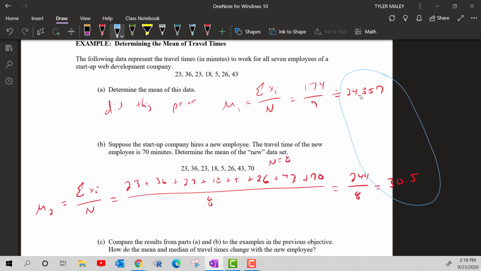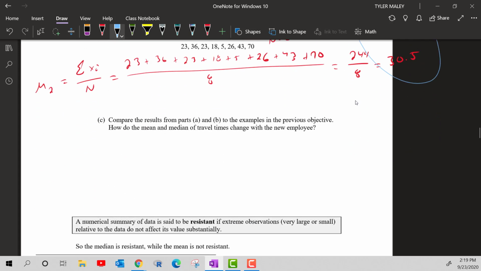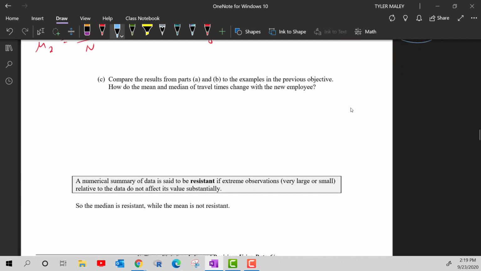It went from about 25 to 30 minutes, which is pretty significant. So what we could say is that mu sub 1 is less than mu sub 2.